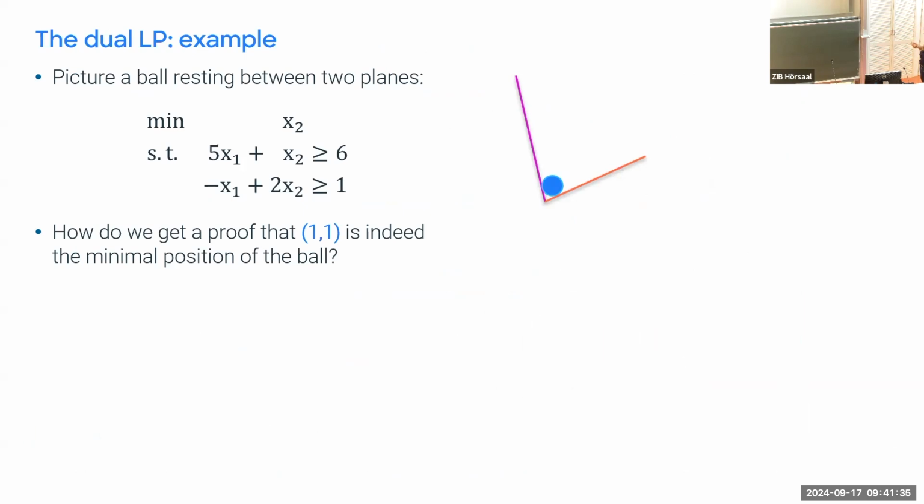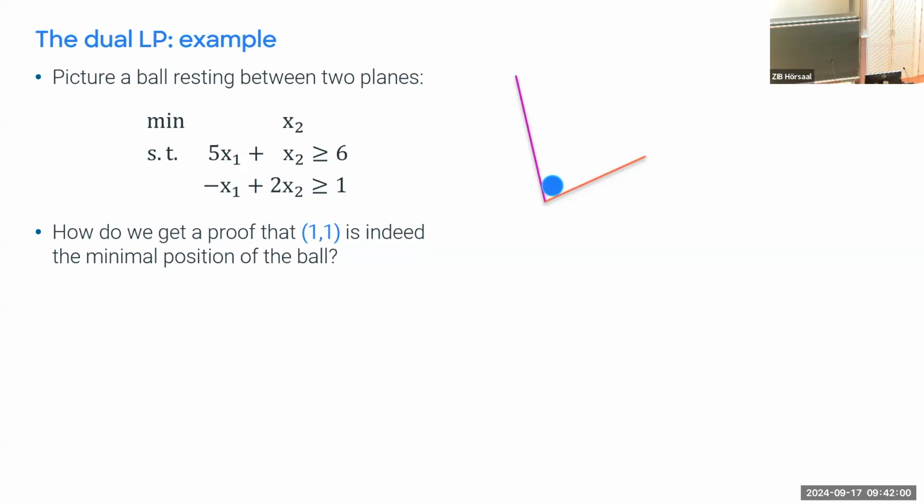You have two planes, this violet one and the orange one here, and you have a ball which rests between these two planes. This is in some sense an optimization problem. Gravity wants to minimize the position of the ball, but the planes act against it. And essentially, these are linear constraints, right?